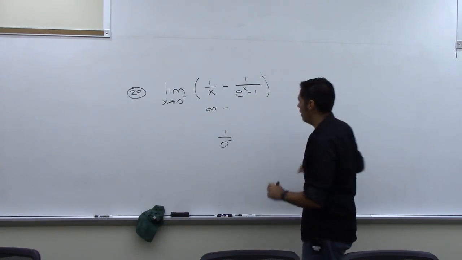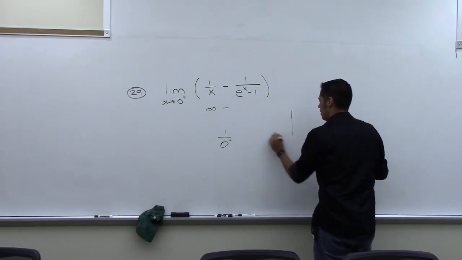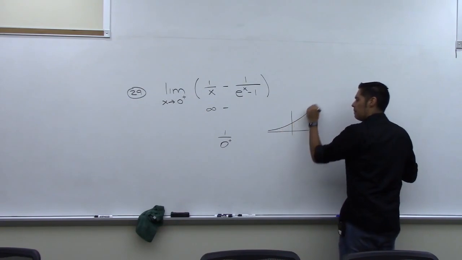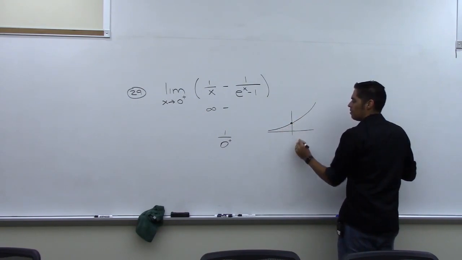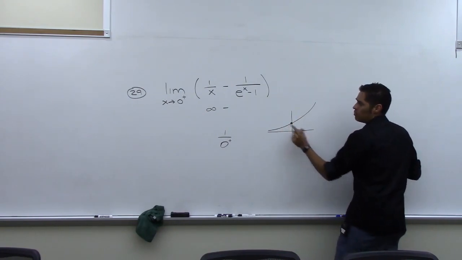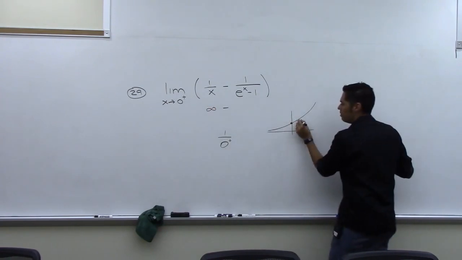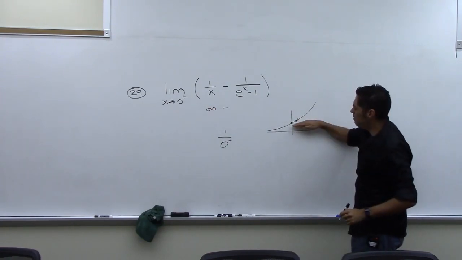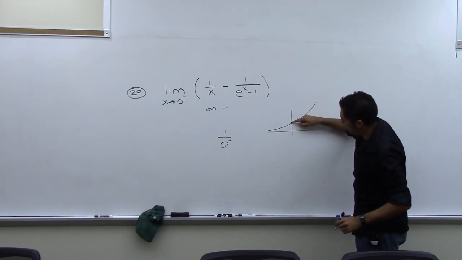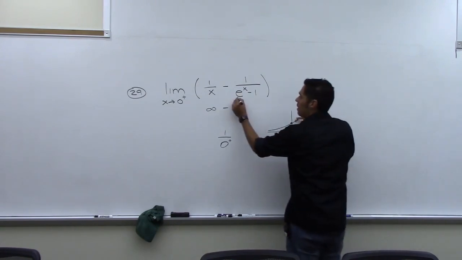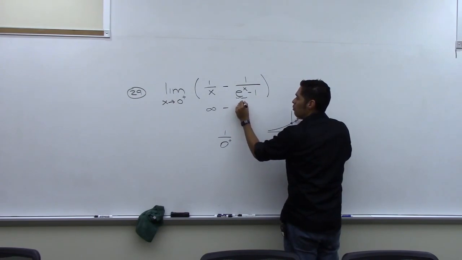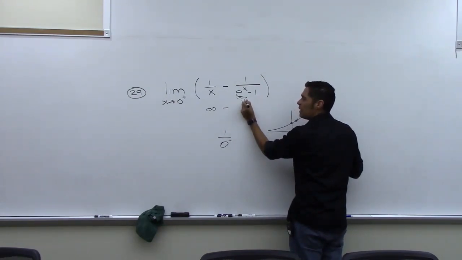All right, let me draw e to the x. At 0, it's 1, but we're approaching 0 from the right, so we're always a little bit above 1. Coming in like this, the y value is always a little above 1. So this number right here is approaching 1, but it's always a little bit bigger than 1.